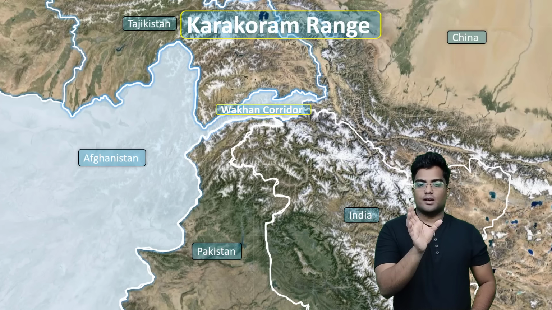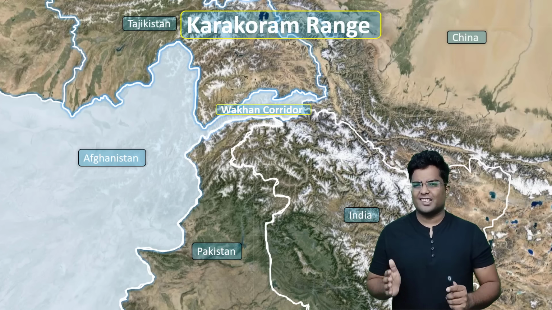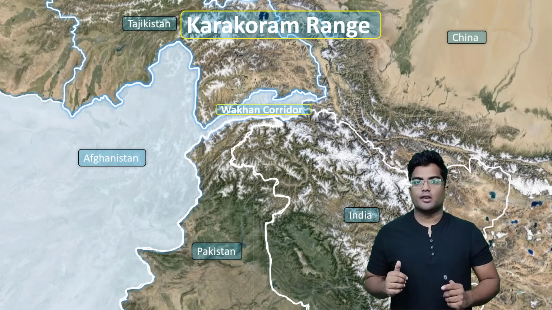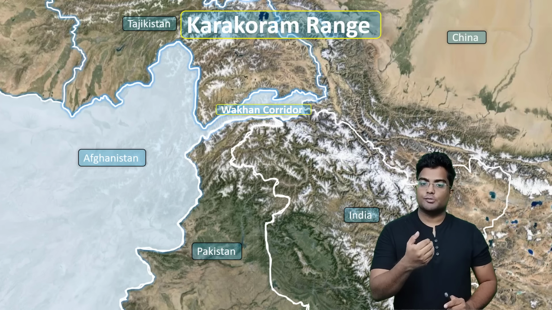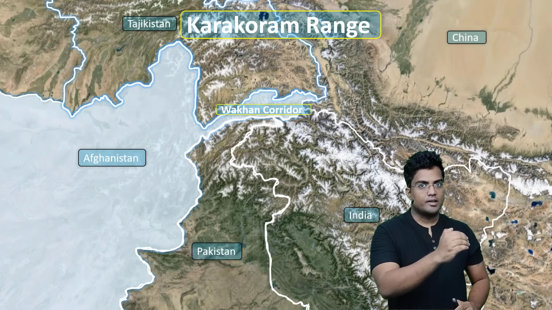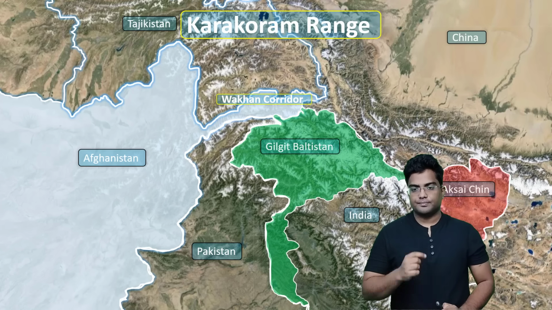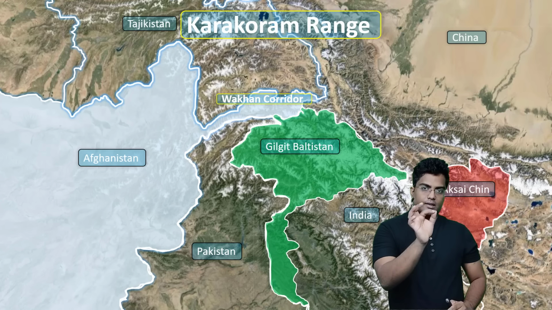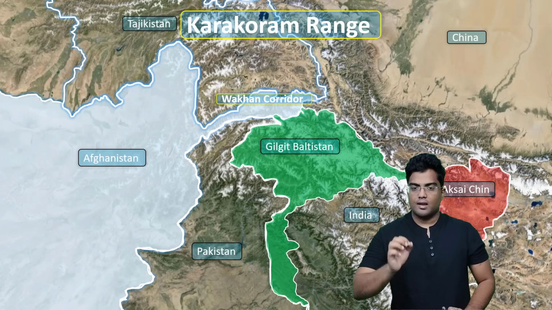Now, let's understand that the current map of India that is shown in our textbooks is not essentially right. There are parts of Kashmir which are with China. There are parts of Kashmir which are with Pakistan, known as Pakistan occupied Kashmir, right? So this is how it looks. Essentially the one in red, Aksai Chin, is with China.